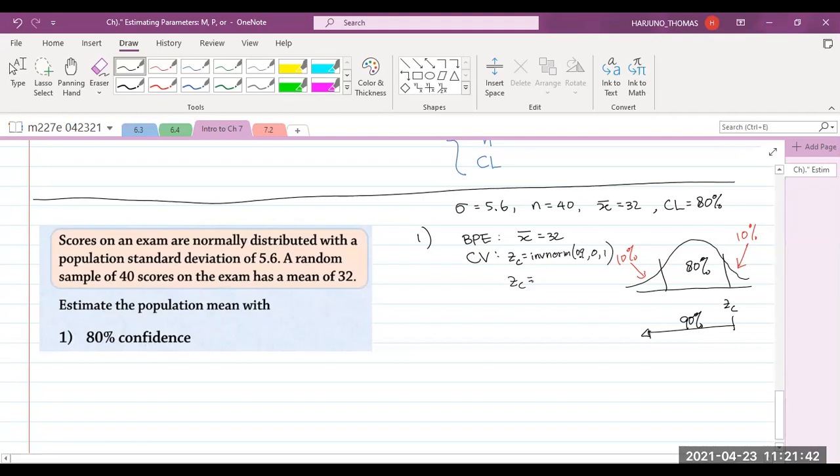That's 1.28155. So, what is the margin of error? 1.28155 times population standard deviation 5.6 over square root of sample size, square root of 40. 1.28155 times 5.6 divided by square root of 40.